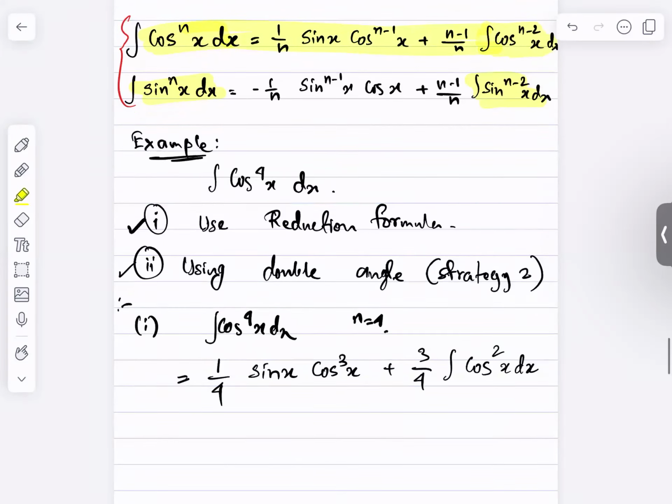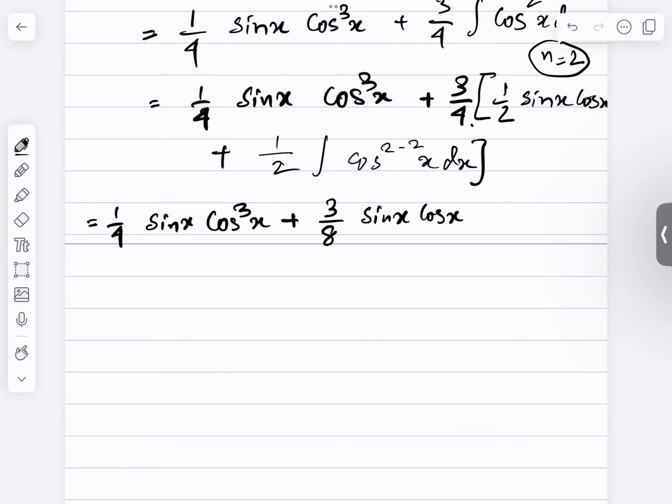Cool. So this is 1 over 4 sine x cosine to the third x plus 3 over 8 sine x cosine x plus 3 over 8.